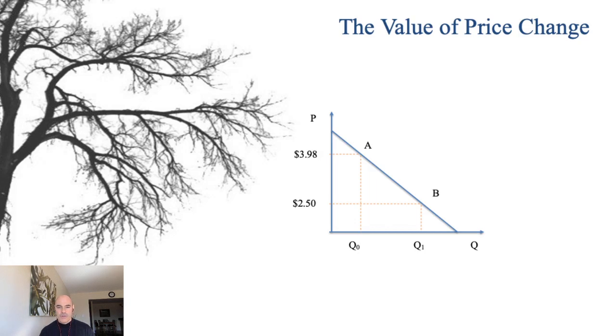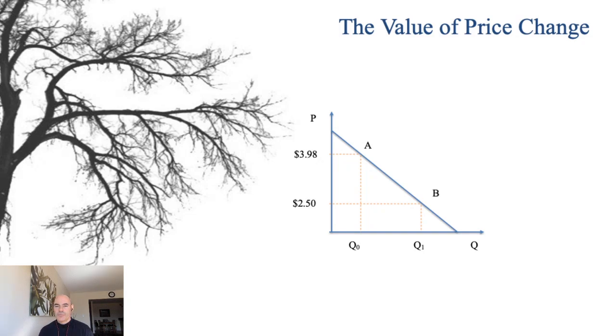All right, so let's look hypothetically at this example in front of you. You have price and quantity, and let's talk about gasoline consumption. If the price for gasoline used to be $2.50, then consumers respond by consuming Q1, or ended up at point B on the demand curve.